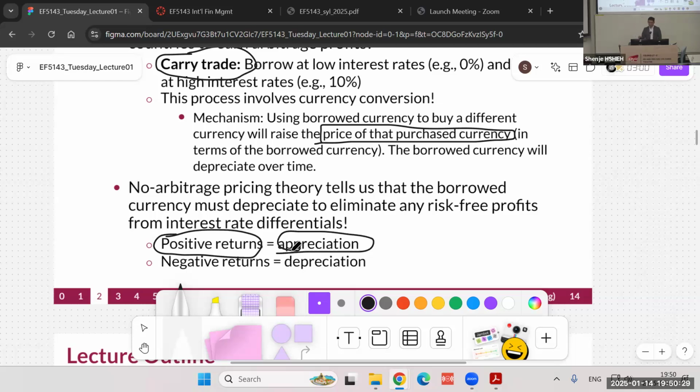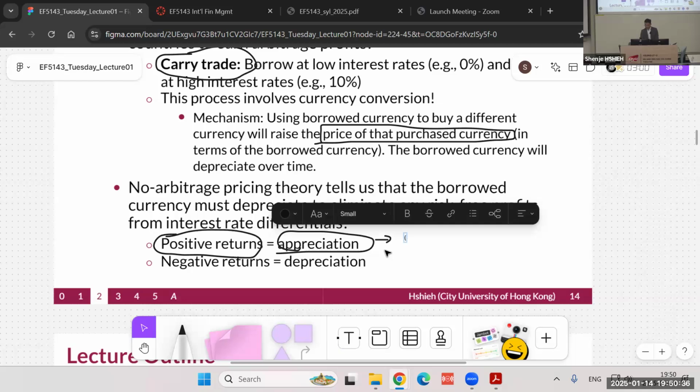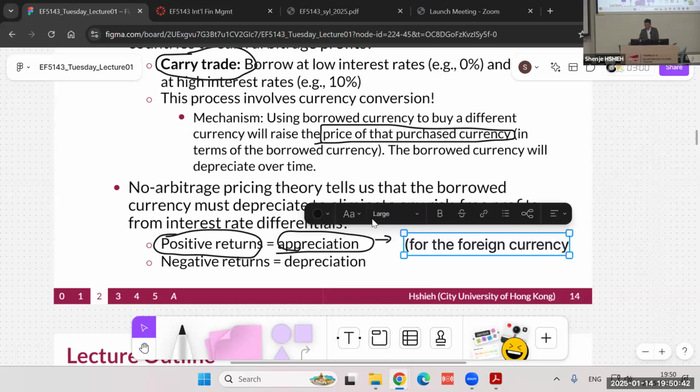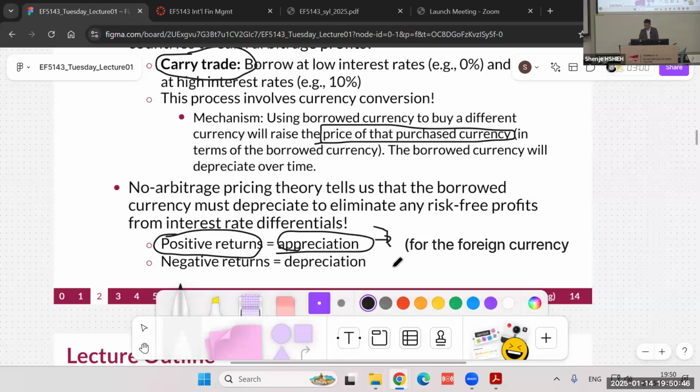Appreciation is typically referring to the foreign currency. So positive returns, appreciation, means that the local price level for the foreign currency is increasing over time.